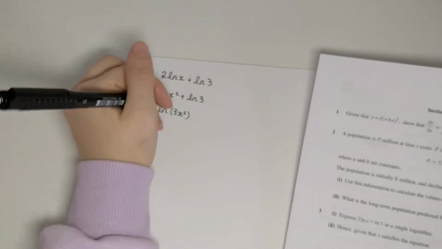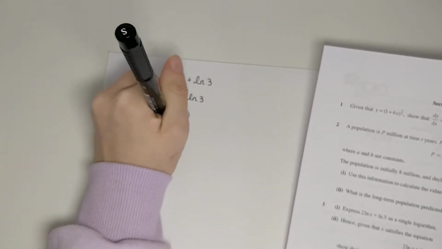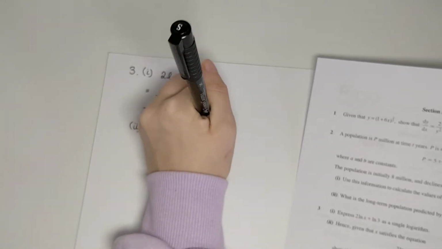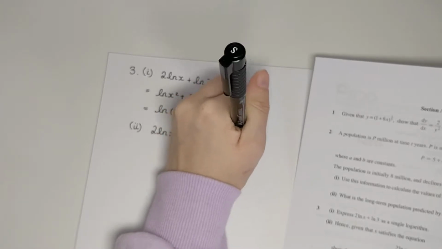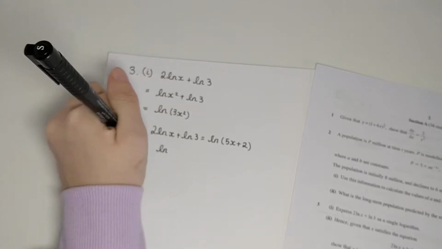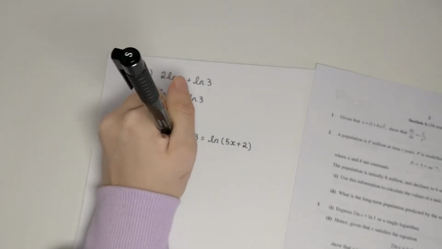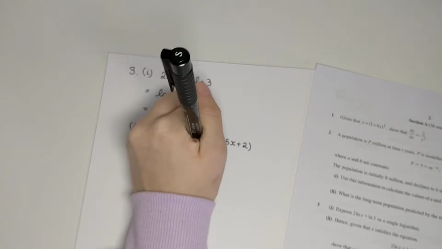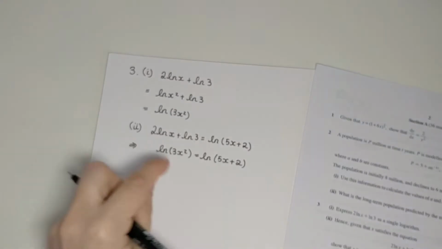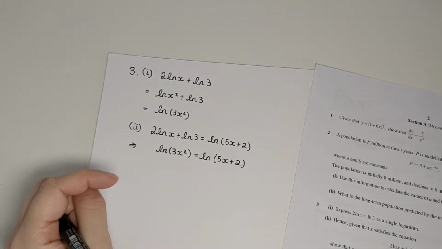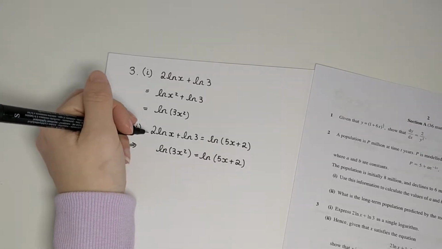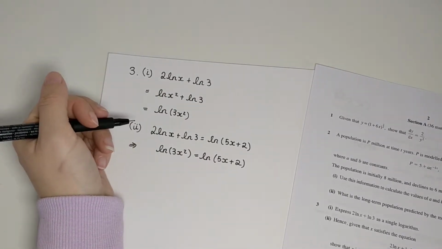So if 2 log x plus log 3 equals log of 5x plus 2, that implies log of 3x squared equals log of 5x plus 2, from part A. Which means you can just unlog both sides.